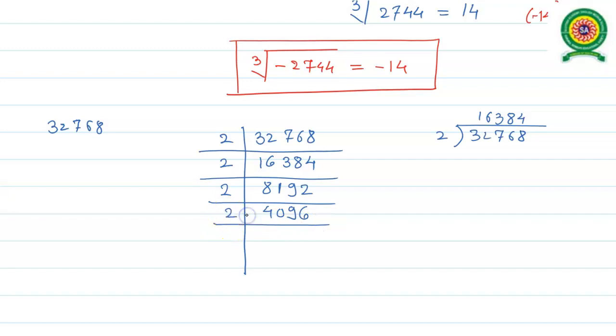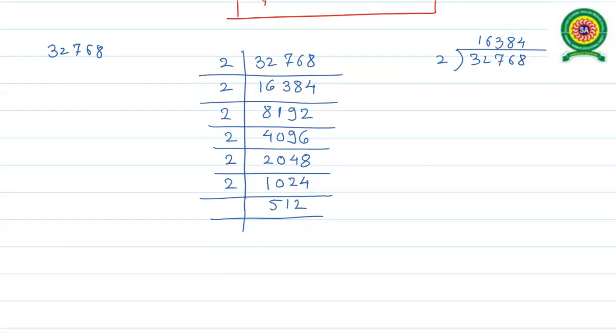Again it should be divisible by 2. 2 twos are 4, 2 fours are 8, remainder is 1, 16, so 2 eights are 16. Again it is divisible by 2. 2 ones are 2, 0, 2 twos are 4 and 2 fours are 8. Again it is divisible by 2. 2 fives are 10, 2 ones are 2 and 2 twos are 4. Again it should be divisible by 2. We have 256, 2 sixes are 512.